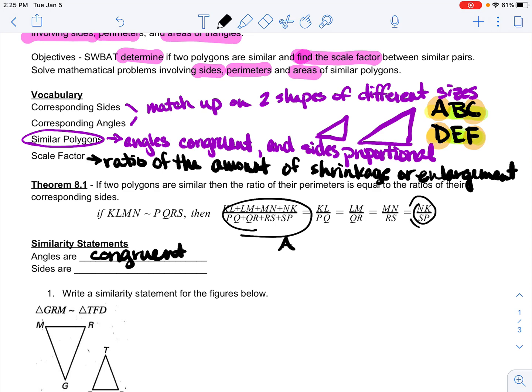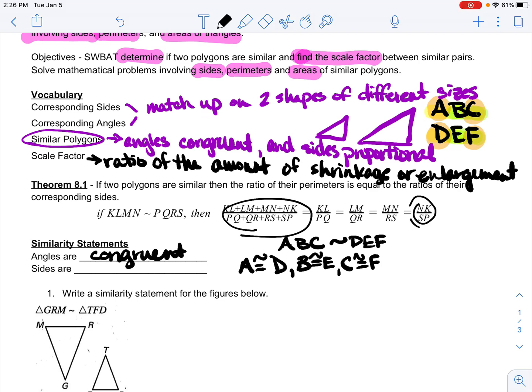So if we are given ABC is similar to DEF, the similarity statement is actually going to be that angle A is congruent to D, angle B is congruent to E, and C is congruent to F. You're basically rewriting the corresponding sides in a math sentence.